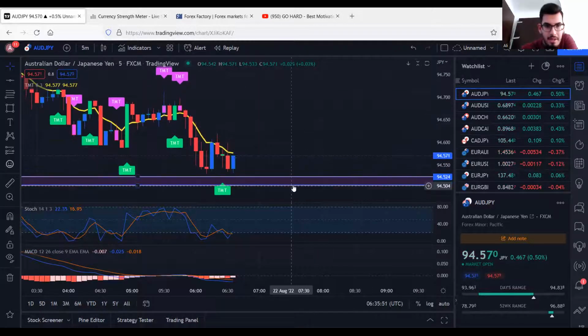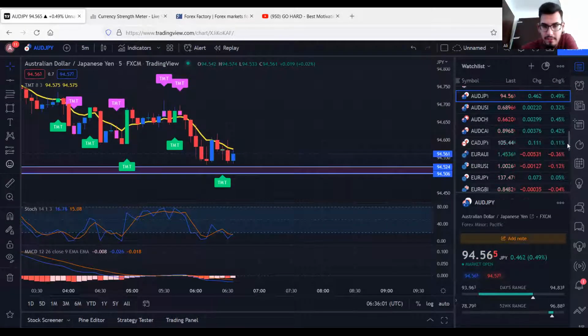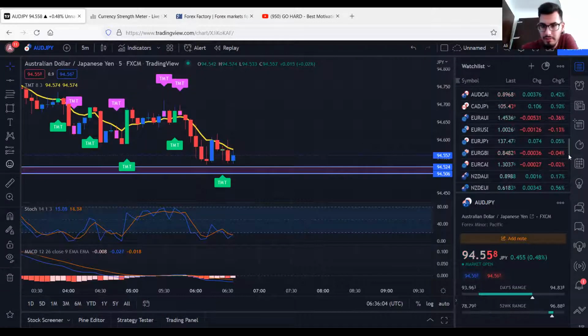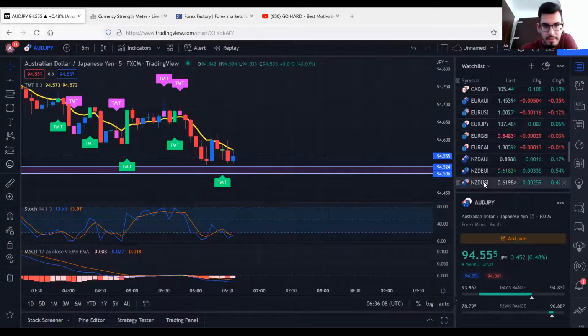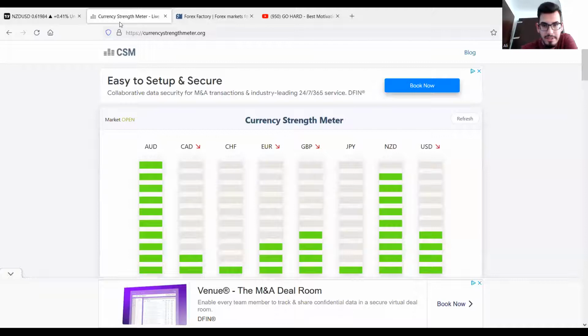Realistically, it didn't. It was still, once again, a couple of points away from my area. That is unfortunate. But let's see, there's 4 more minutes left for that candle. It can bounce back down and hit my area. Hopefully it can. But let's see, other than that, let's look at NZD USD.